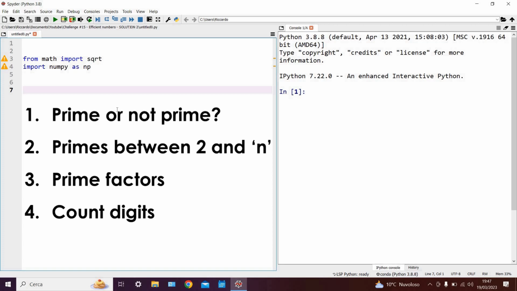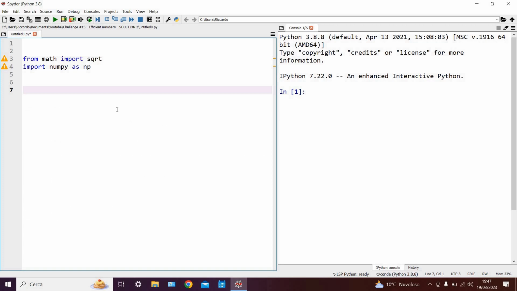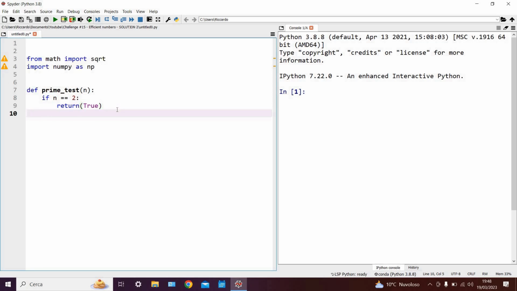So let's start with the first part first. As you can see, I've already imported some modules which we'll use throughout our solution. So now we can write define prime test of n. Now if our number is equal to 2, then we can return true because we know that 2 is a prime number.